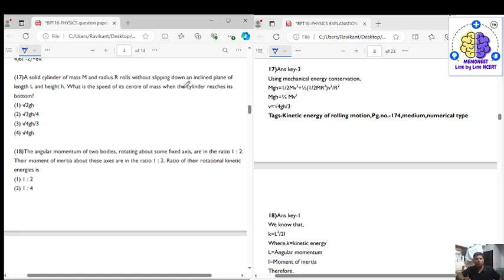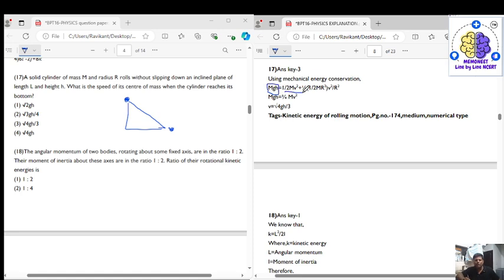So when the cylinder is coming from the top of an inclined plane to the bottom, its potential energy at the top is converting into kinetic energy at the bottom. So using the law of conservation of energy, mgh is the potential energy at the top of the inclined plane.